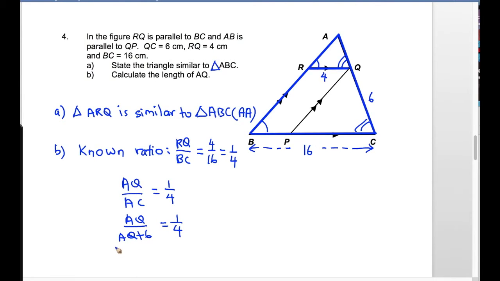Cross multiplying, and we find that AQ is 2 cm.